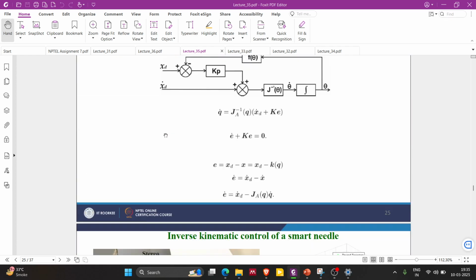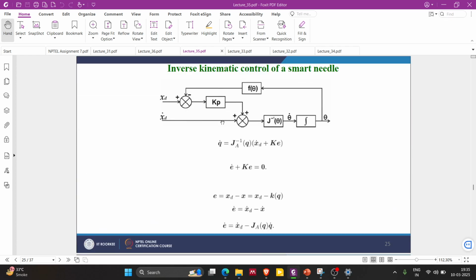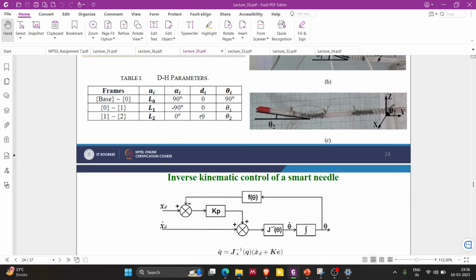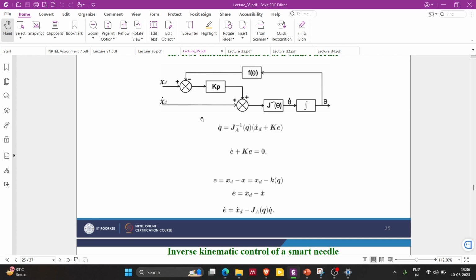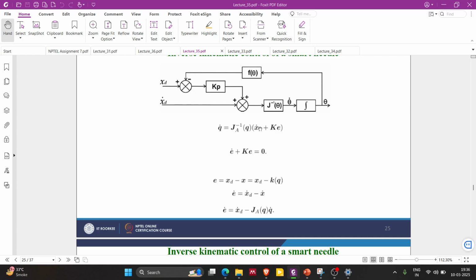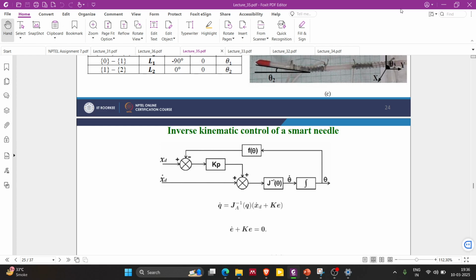For this, he used an equation where he controlled Q dot, basically the joint angles at these 2 points, by actuating the SMA actuator. He heated these two actuators and changed those angles. This is the control strategy they used: Q dot is equal to J, and this is the equation he used to control the actuator.